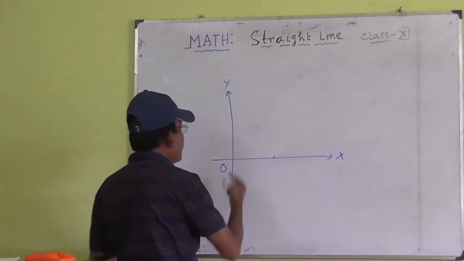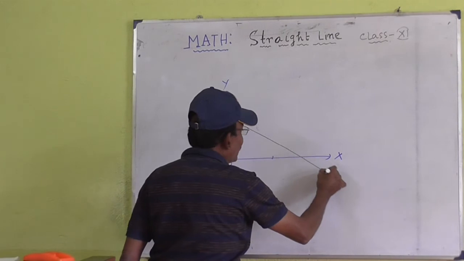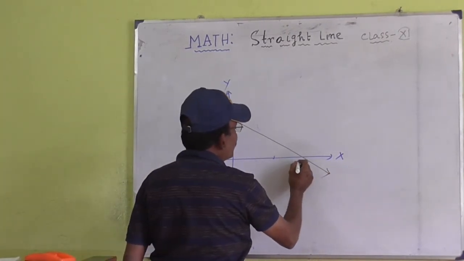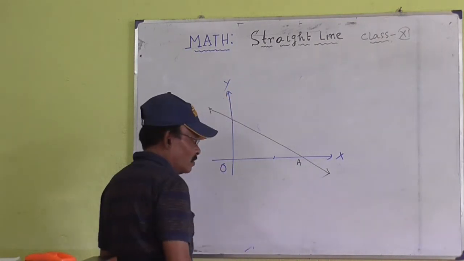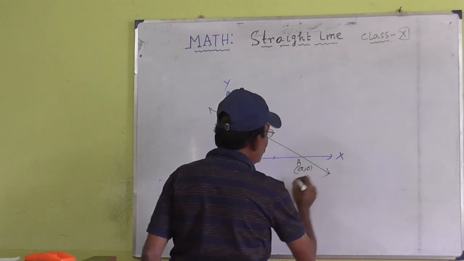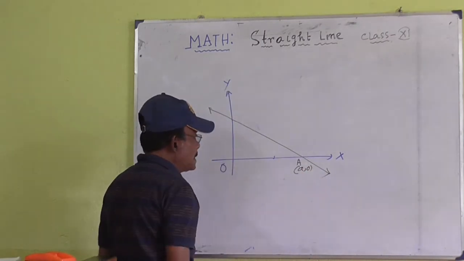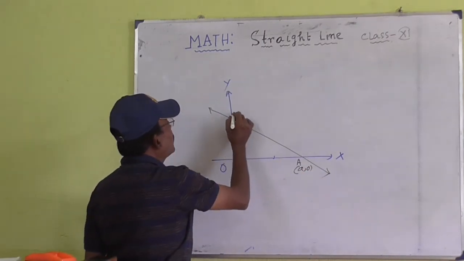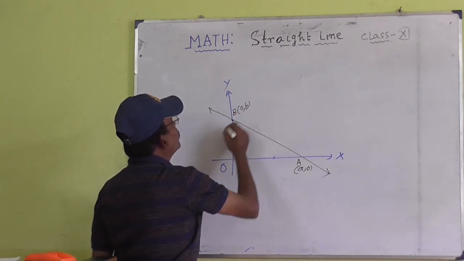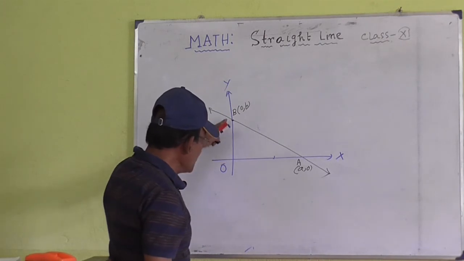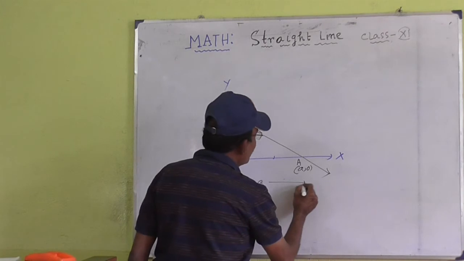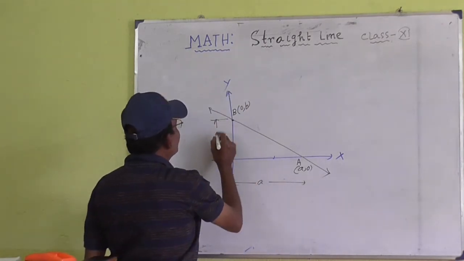Here, this line, let us take A and B. This point A lies on the x axis, its coordinates are (a, 0), that means this distance is a, and this is (0, b), that means this distance is b.